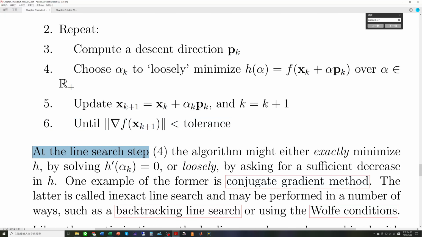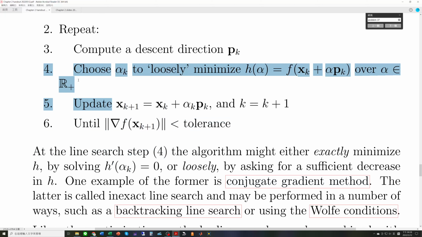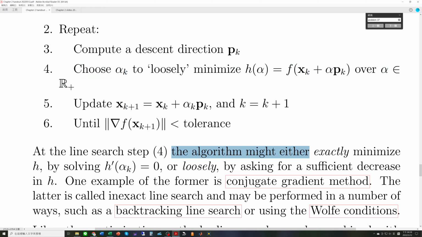At the line search step 4, the algorithm might either exactly minimize h by solving h prime of alpha k is equal to 0, where h prime of alpha k is the derivative of the function h at alpha k, or loosely by asking for a sufficient decrease in h. One example of the former is conjugate gradient method.